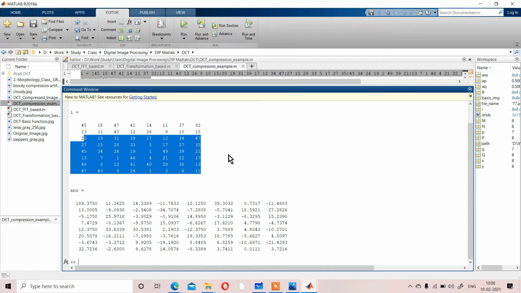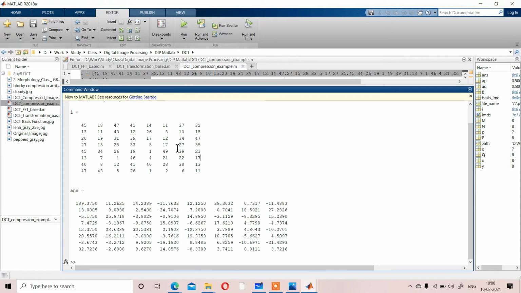So whatever the size, obviously not the matrix size, it is not the 8 cross 8, I am talking about the bit size.